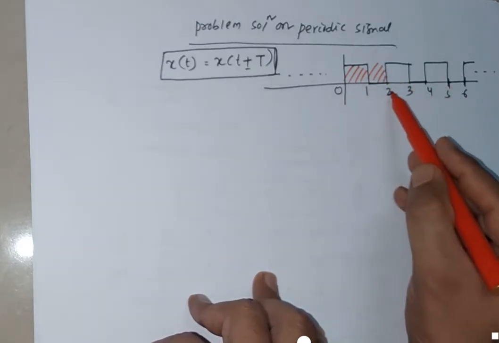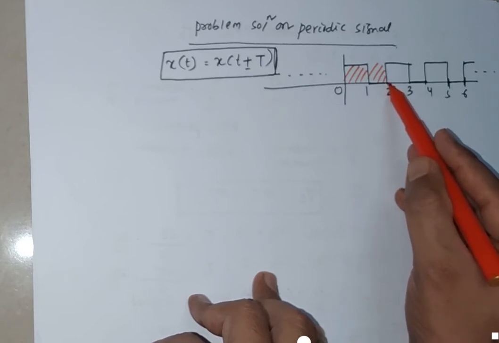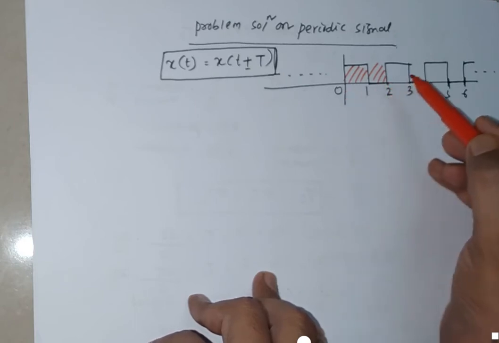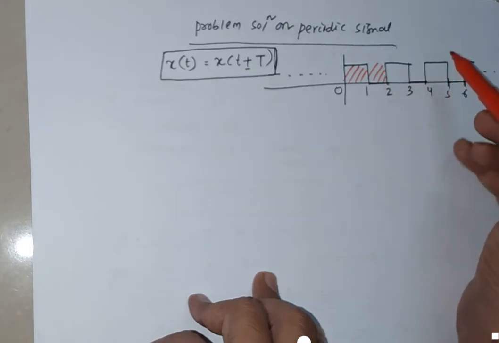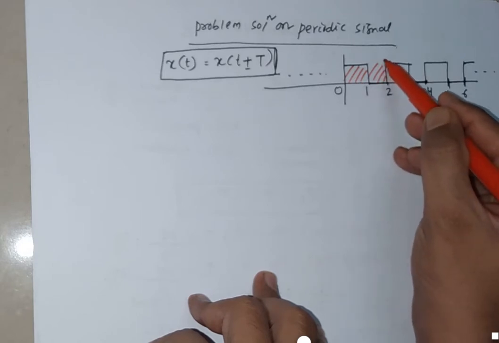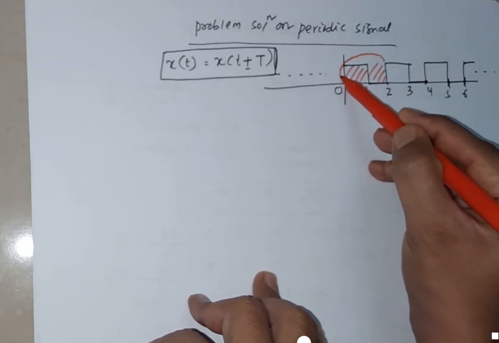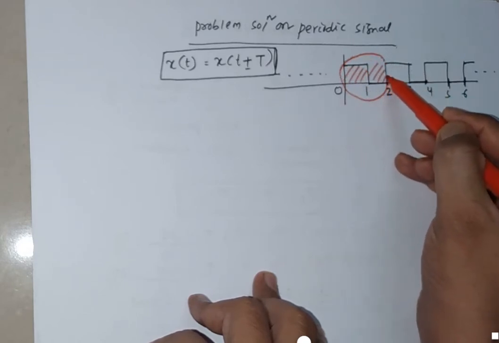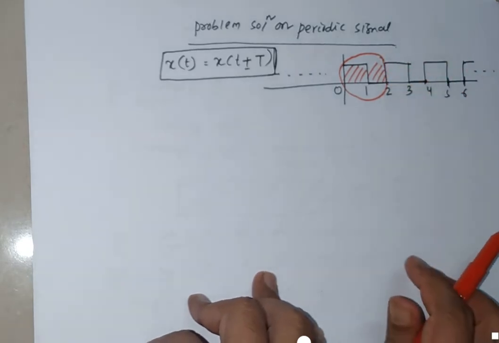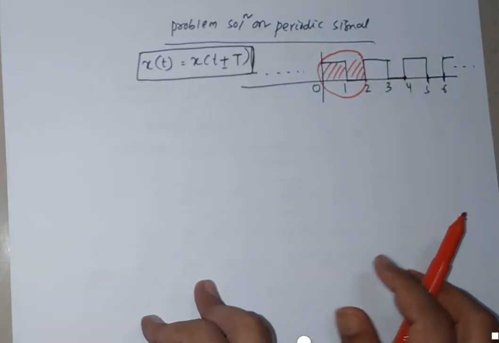This 0 to 2 portion is repeating, again the same portion repeats, and again it repeats, yes or not? So this portion is repeating after an interval of 2.